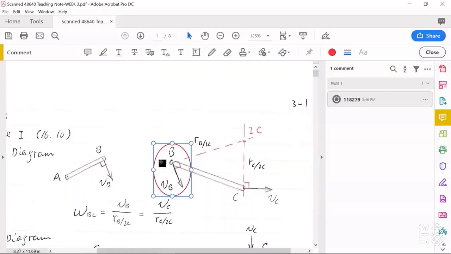Now we can have another line going through point B and perpendicular to VB. Okay, this line and this line, these two lines will have an intersection point, and this point will be the IC point.